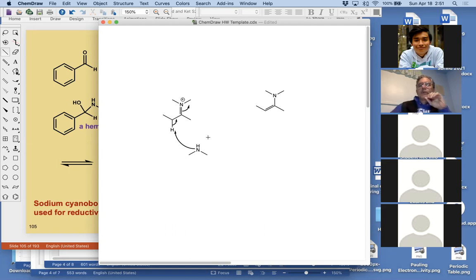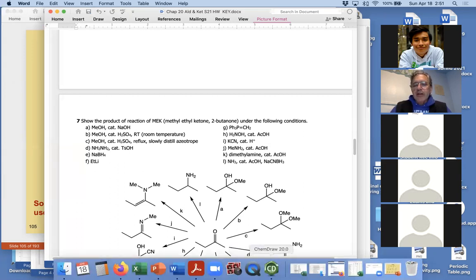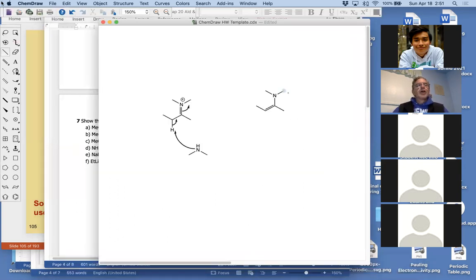So this is one answer. Is that the one I have on the key? Yeah, that's the one I put on the key. What answer did I not put on the key? Anybody think of it? Look at the product. There's an alternate way to draw that that's just as valid. It's actually a different compound.